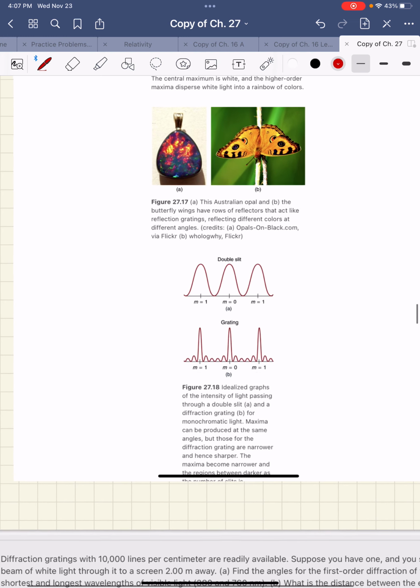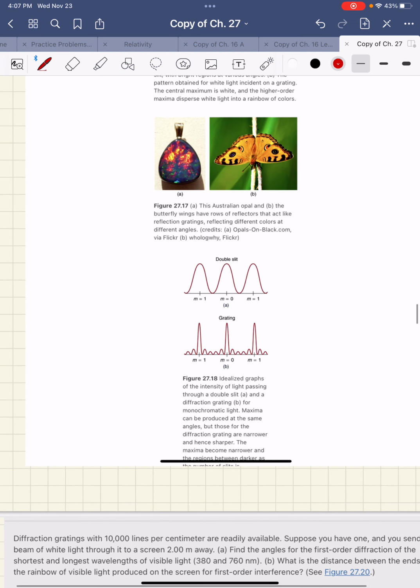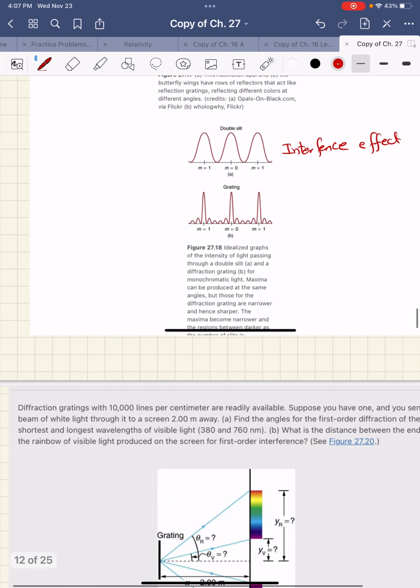This is the double slit, and here is the interference effect. And when we have diffraction imposed, this is going to happen.